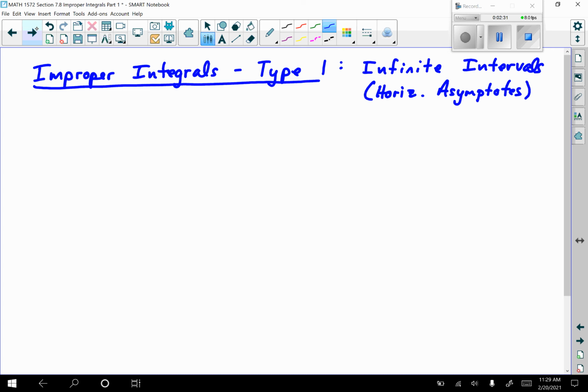So let's look at an example. Again, improper integrals type 1 is where we have an infinite interval, which implies when we're looking at the graph, we have a horizontal asymptote. Our first example, let's take a look at the function f of x is equal to 1 over x squared. If you have a graphing calculator, or you could use Desmos, go ahead and graph just 1 over x squared.